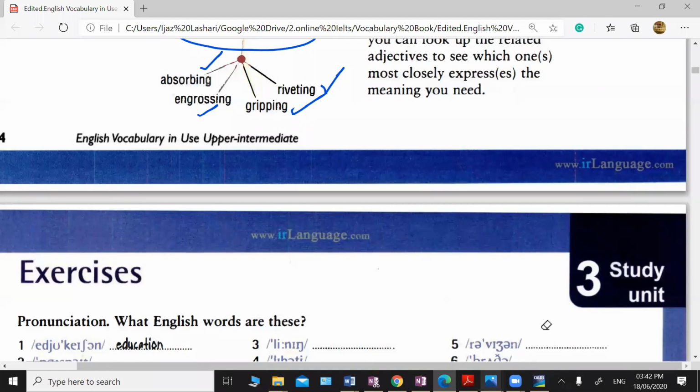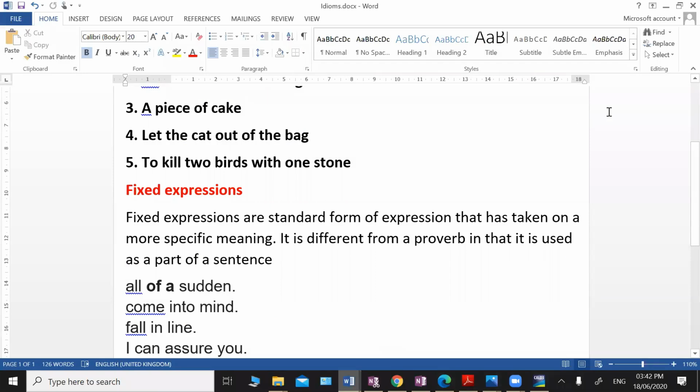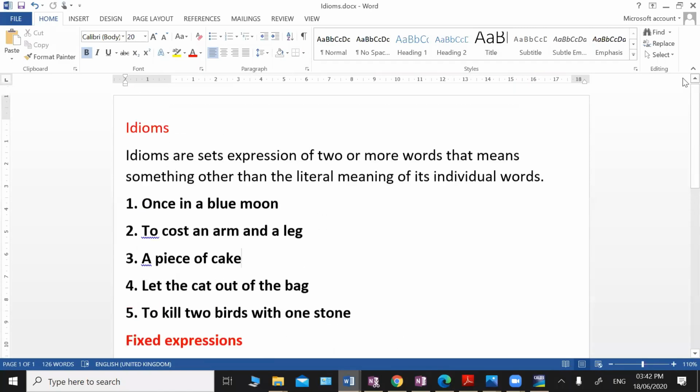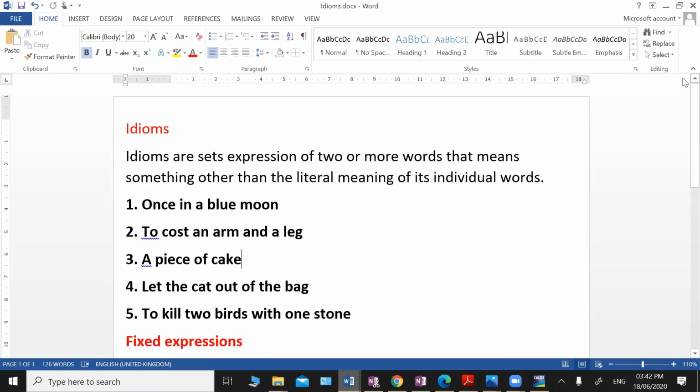Before we go to the exercises, I want to discuss another thing. Someone yesterday asked a question: what are fixed expressions? Before we move on, I will answer that.